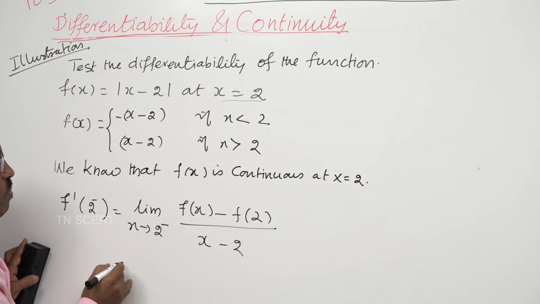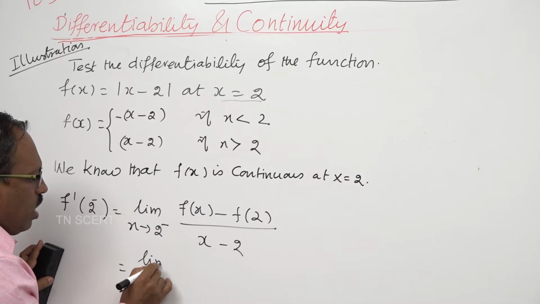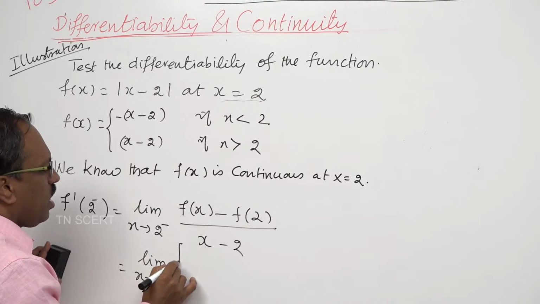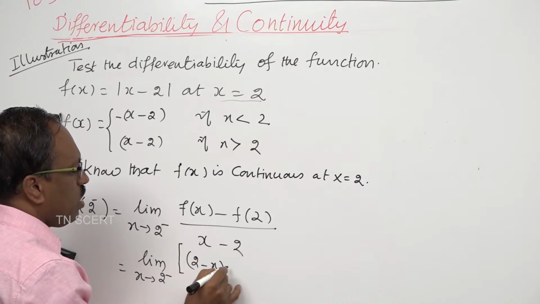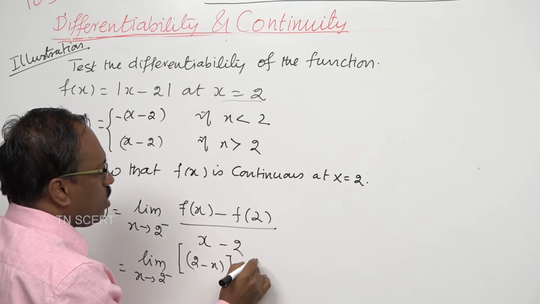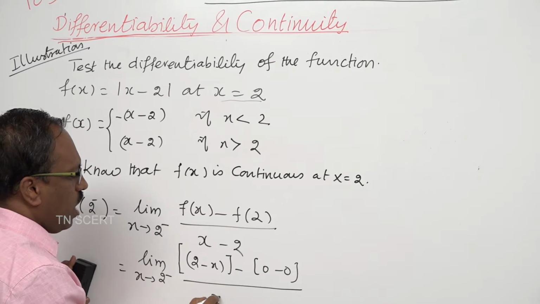Here f of x is 2 minus x, and when you substitute, it is 0 minus 0 over x minus 2.